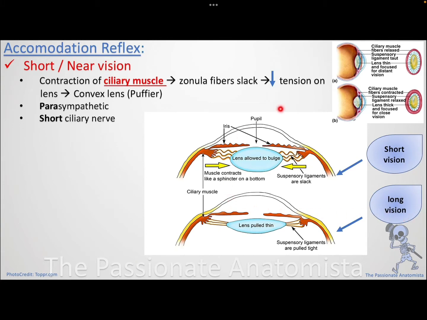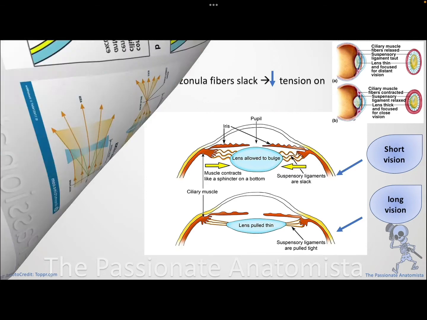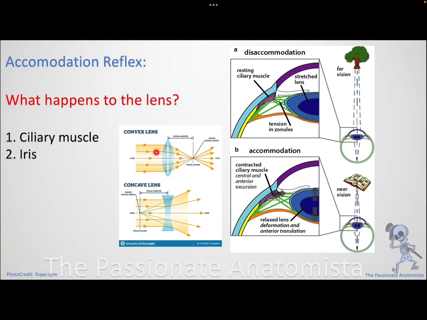However, if I bring a book near to my eye, I need to focus my vision. Remember, when we talked about the convex lens, we said it brings rays to the focal point. I need to focus because if something comes near to my eye, my rays are going to go far away.